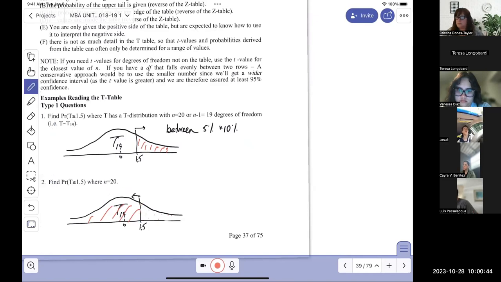So you can do 100 minus 5 and 100 minus 10 to know it's between 90 and 95%. So I took each of these away from 100. And I always put the smaller one first to avoid confusion, but it's kind of confusing.